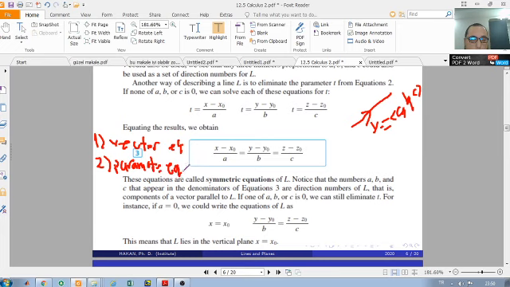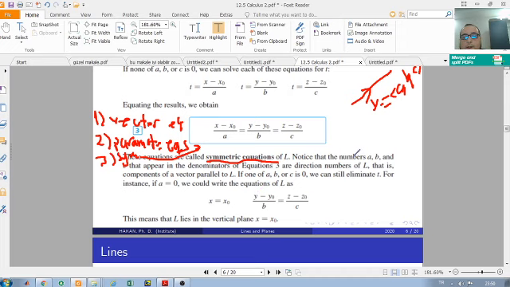The third is the symmetric equations of L.